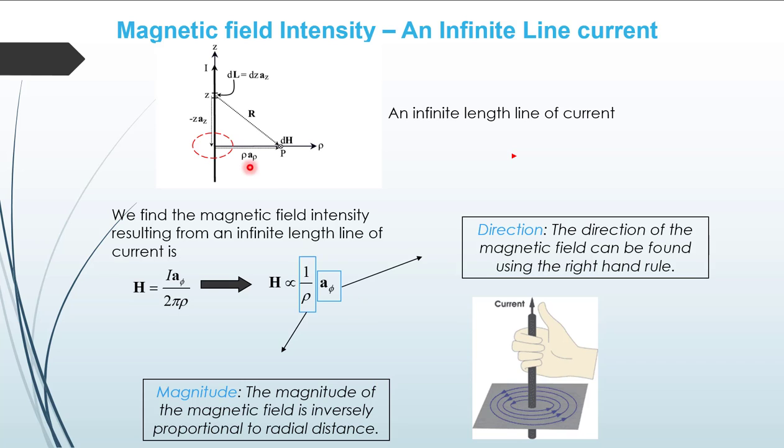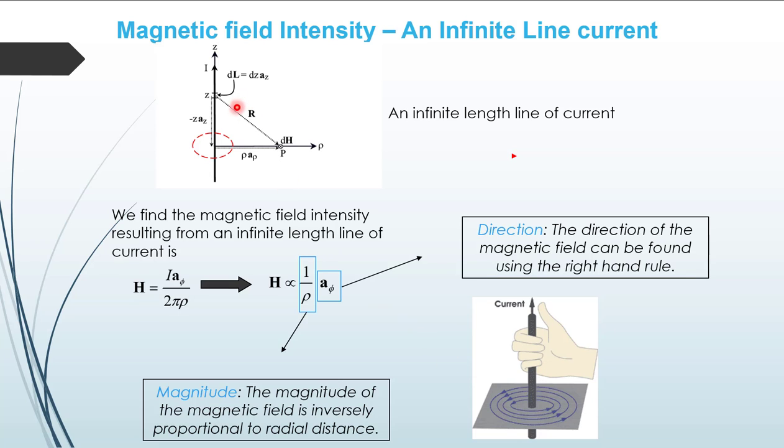Radial distance means the distance between the point and the filament, and a phi indicates the direction of the magnetic field intensity. This a phi is given by the right hand rule. The right hand rule we have already seen, and it states that if the current is in the upward direction, then the curled fingers will indicate the direction of the magnetic field intensity.